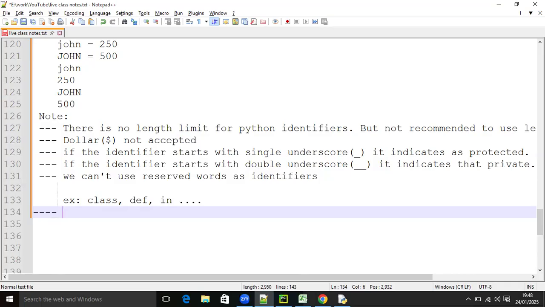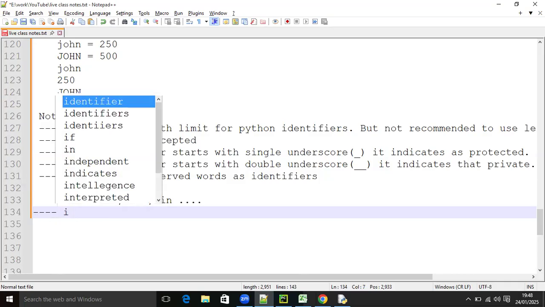So let me write here to understand what I said.